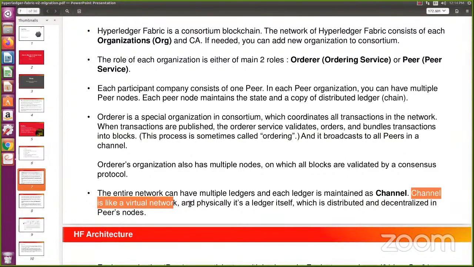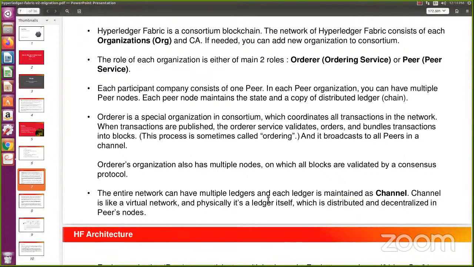Physically, it's just a ledger itself, distributed and maintained in the peer nodes. When I talk about private data collections, you'll have a better idea of how the channel works, because Fabric private data collections allow certain parties in the network to have private data communications. That is done through the channel.